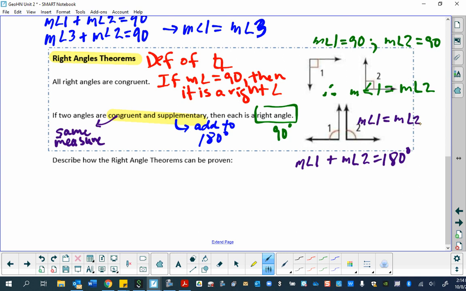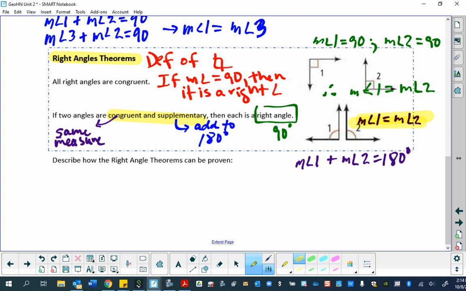All right. My angles are congruent, so I know that the measure of angle 1... Huh. What's going on with my board? Uh-oh. Oh, there it is.